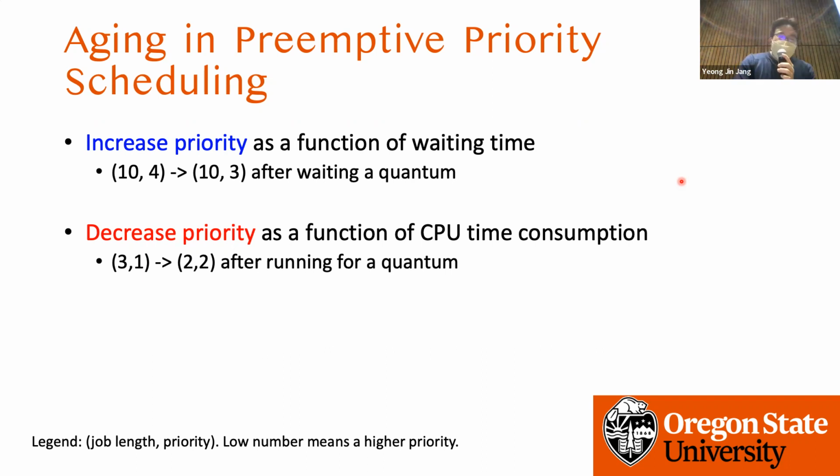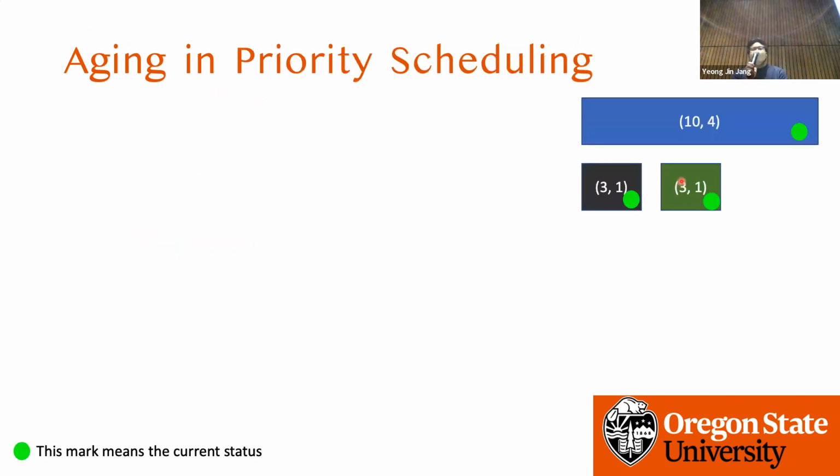So let me go over an example of aging in priority scheduling. Previously, if the shorter job comes again and again, then priority scheduling can also get us starvation. But here's how we can handle it. Suppose we have these 3 jobs. The gray and green jobs have priority 1, the highest.